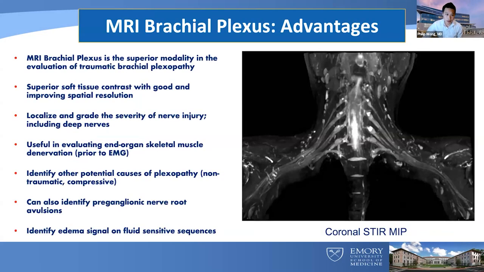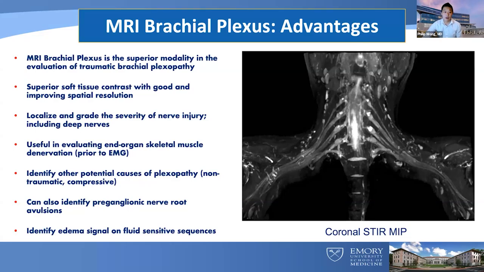So the advantages of brachial plexus MR: it's the superior modality, as I just said. It has superior soft tissue contrast and still good and improving spatial resolution. You can localize and grade the severity of nerve injury, including deeper nerves. It's useful in evaluating end organ skeletal muscle denervation, and this can be prior to EMG.